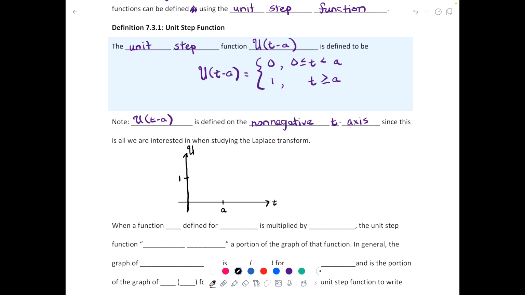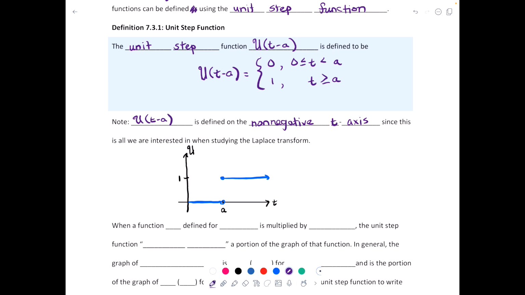And so for the first portion, you would have this graph here, and you'd have an open circle at the a. And then right up here, you'd have the closed circle at the a, because it's inclusive. So it's off from 0 to a, and it's on from a onward. Your function can be whatever, right? It doesn't have to be a horizontal line, but the unit function basically switches it on or off.